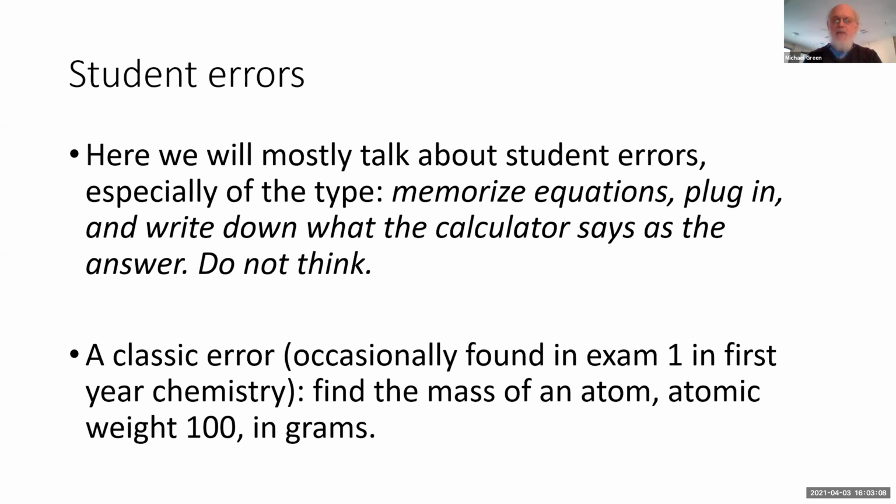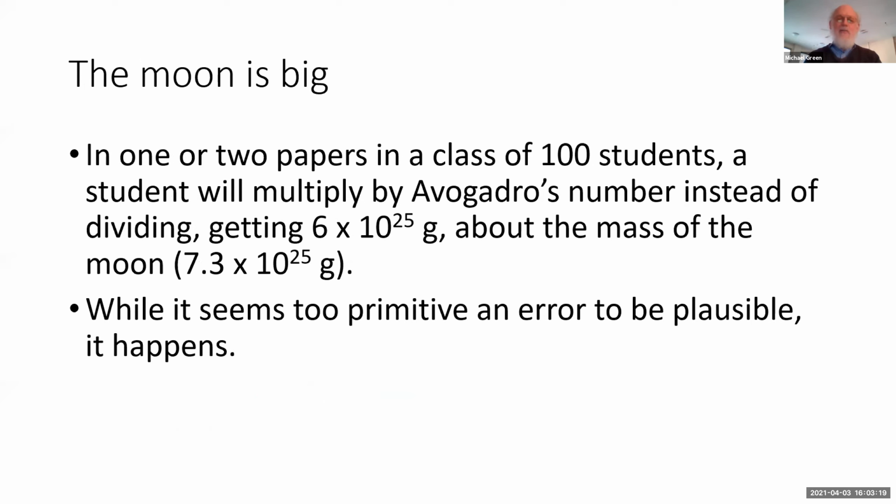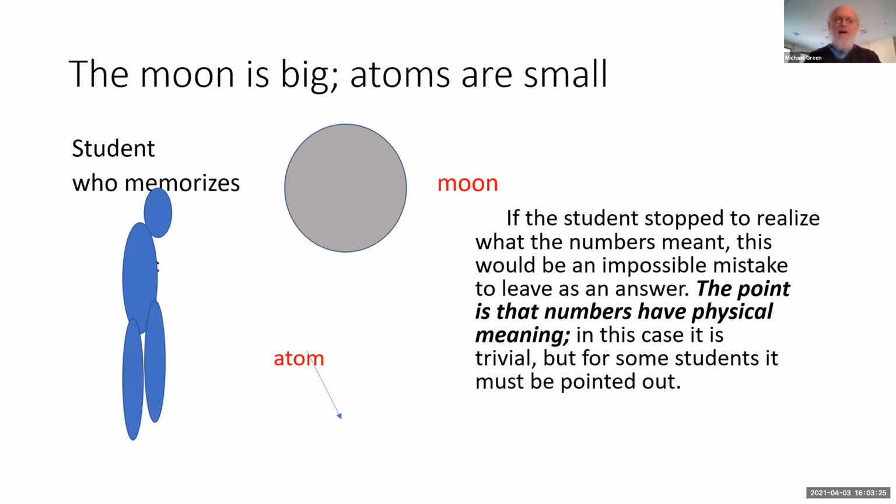Now, in exam 1 in the very first year of chemistry, you often ask the student, find the mass of an atom in grams, and let's say the atomic weight is 100. And the student multiplies and gets about the mass of the moon. The moon is big, atoms are small. And the student who just memorizes and doesn't think can make that kind of a mistake.